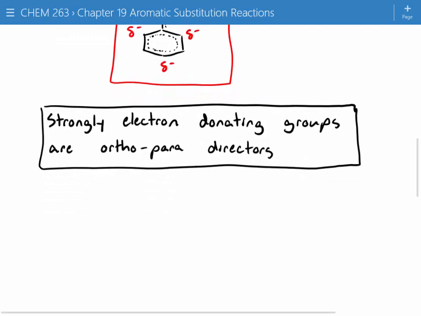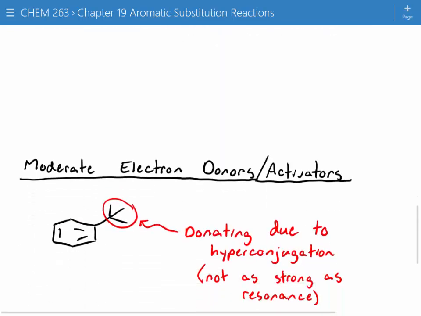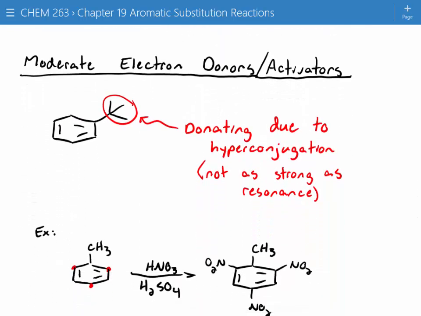The one thing I said that was a little bit off was I said that alkyl groups are moderate electron donors or activators. I'm going to change this. So let's cross this out and say weak. That's cool. Because I actually forgot about a class of compounds that's kind of in between alkyl groups and the strong electron donating groups.